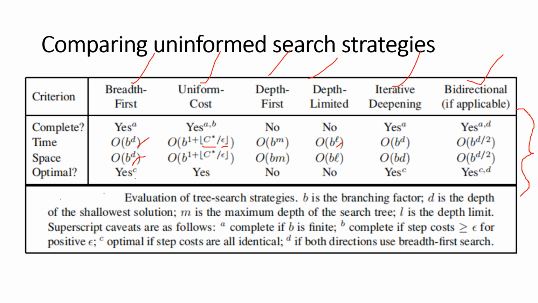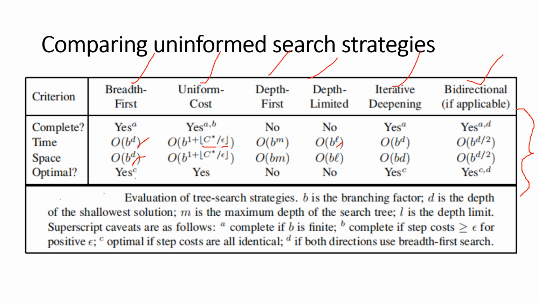Then iterative deepening search, it is complete, and time complexity will be b to the power d, and space complexity will be b into d, and also it is optimal if step costs are equal. And it combines the BFS completeness and DFS memory efficiency.